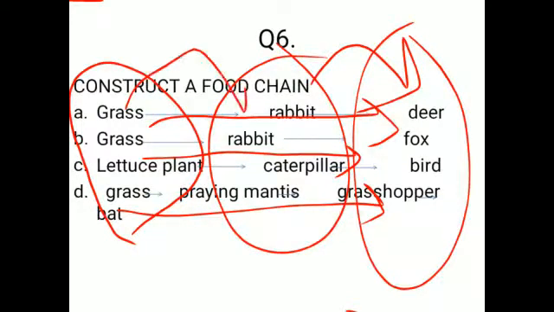So this is how a food chain shows the relationship of all the living organisms. So here we end today's lecture, and I hope that you will be watching all the videos, and especially this last lesson will be helping you in winding up the whole chapter.